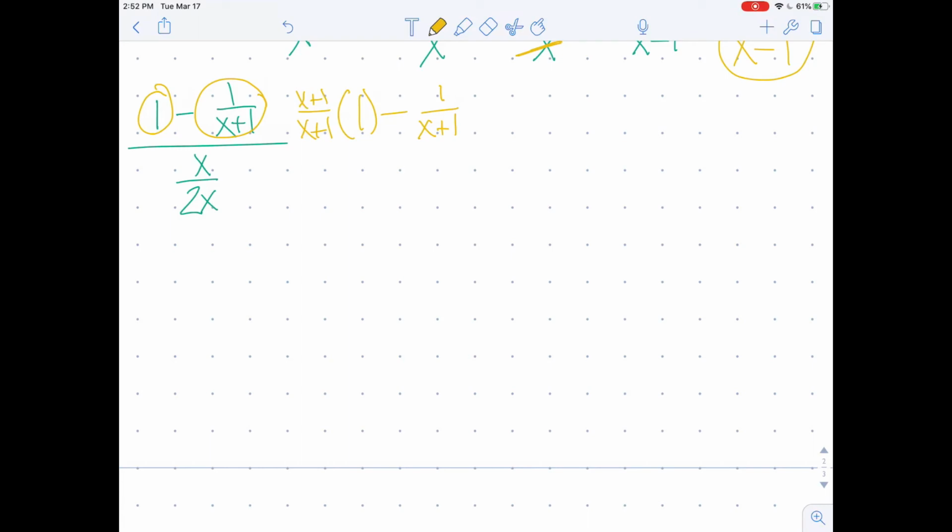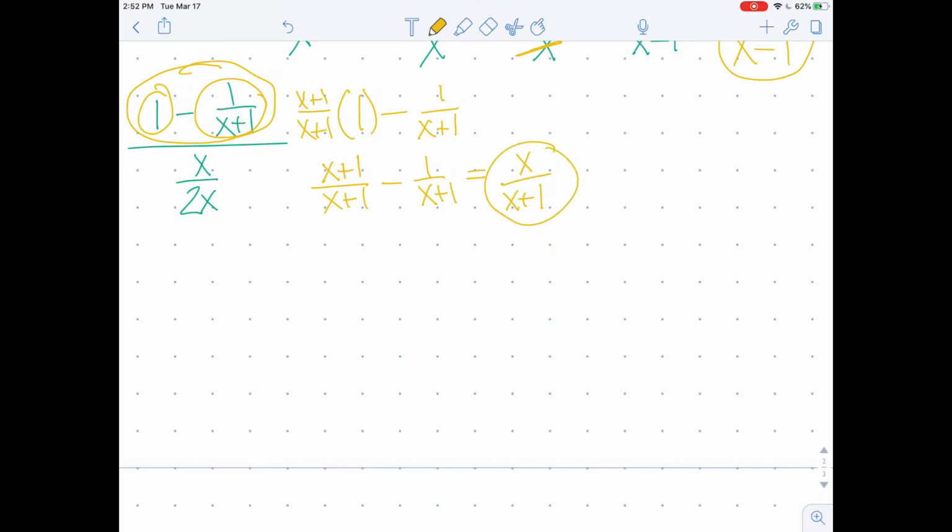So if I take 1 times x plus 1 over x plus 1, this is going to be x plus 1 over x plus 1 minus 1 over x plus 1, which we could simplify because x plus 1 minus 1 is just x over x plus 1.